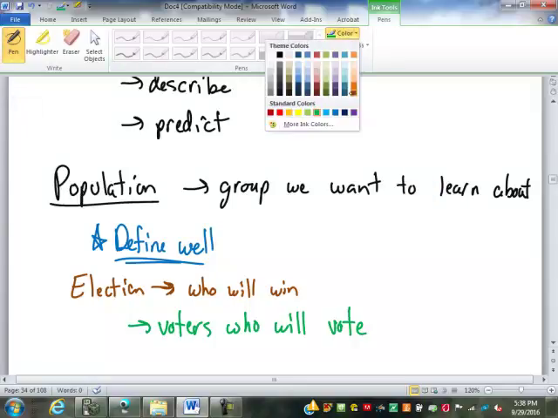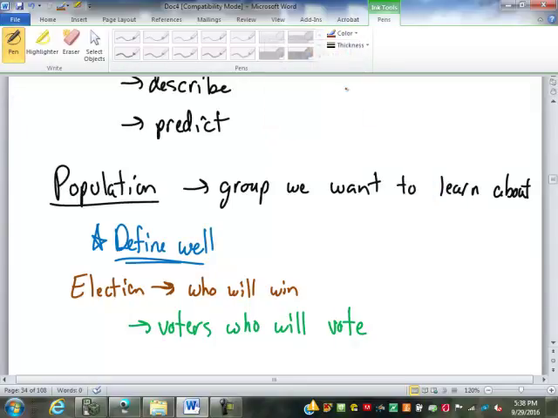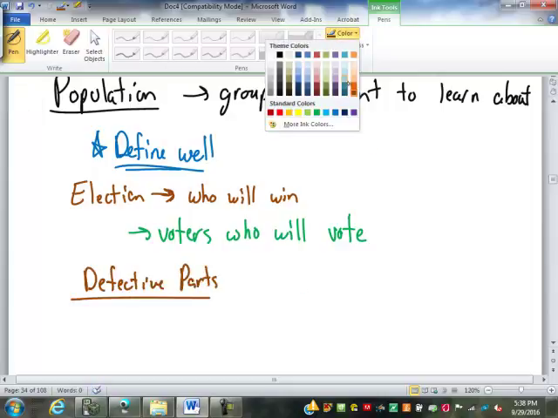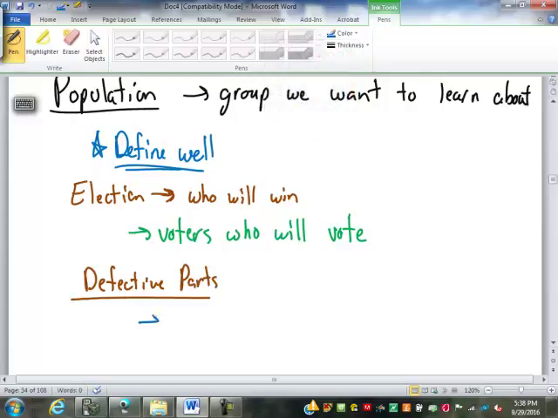In other cases, it's a little bit more defined. If we're looking at quality control issues, we might be interested in defective parts. If we're studying defective parts, generally the population we're interested in is all of that type of part produced.